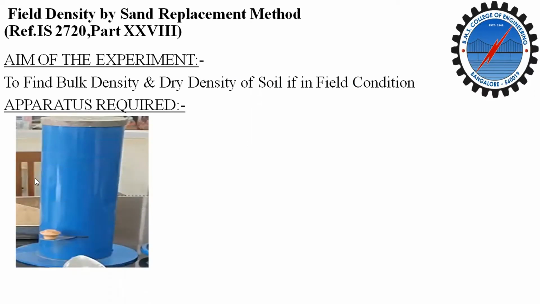First, the sand pouring cylinder of about 3 liter capacity. It is mounted above a pouring cone and separated by a shutter. You can observe over here.